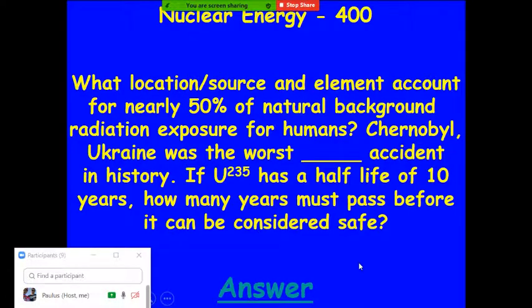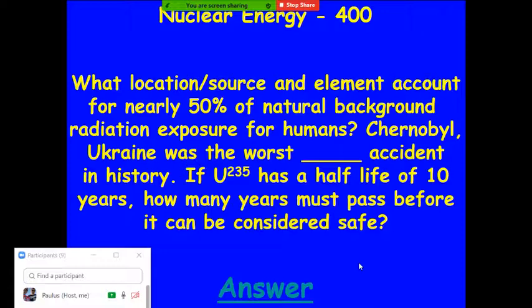What location or source and element account for nearly 50% of the natural background radiation exposure for humans? You guys heard in the Fukushima video that the lady from Great Britain mentioned that in Cornwall or even Chicago, the amount of exposure they get to background radiation.